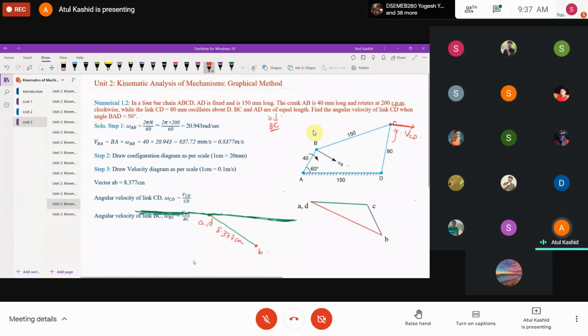Whenever we are considering a link, and on the link there are 2 points, for example this link BC, and none of the points amongst this is fixed, then we cannot draw a line from the fixed point, that is A comma D, right? So as we are considering the velocity of the BC link over here, we can start either from B or from C. This is for sure. We cannot start from A comma D, right?